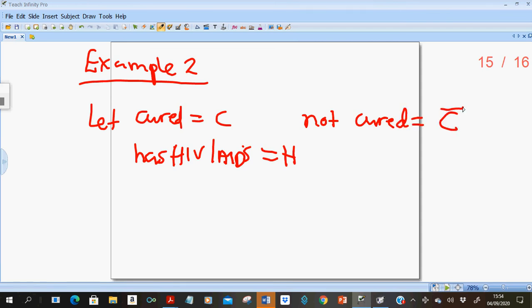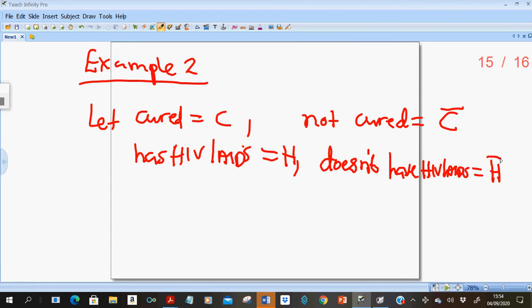And a person who doesn't have HIV/AIDS will be represented by H bar.